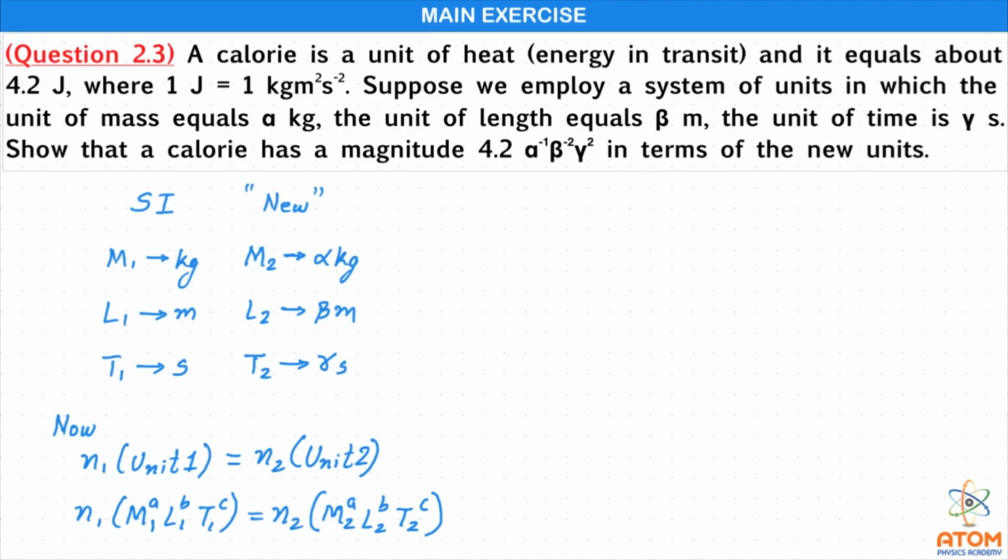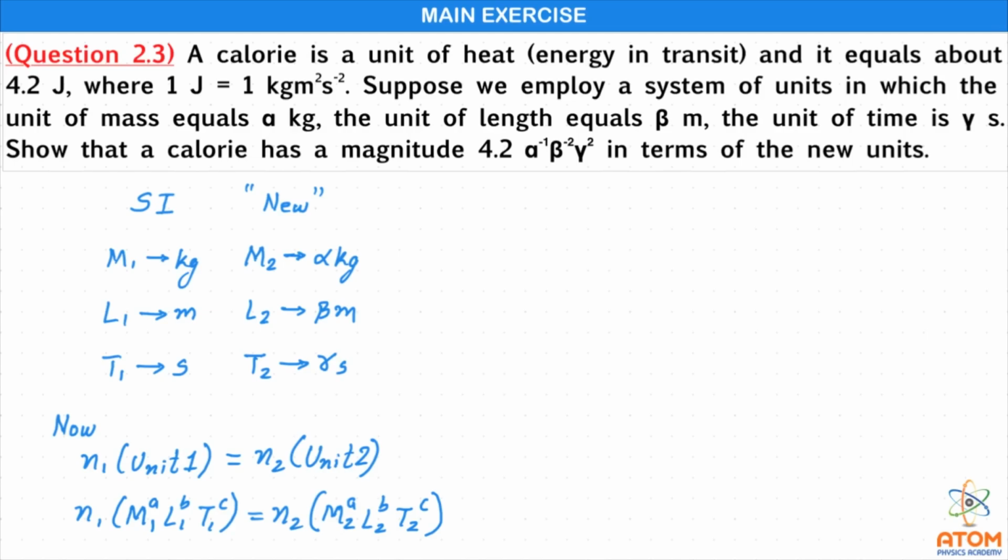Only the thing is, there are two units of two different unit system, not two different physical quantity. Physical quantity is the same. That's why the dimensional formula in both the side will be same. So this equation we will be using in our this question.